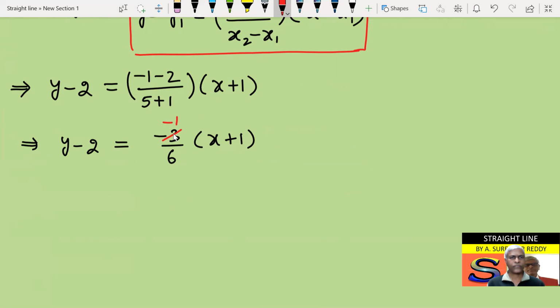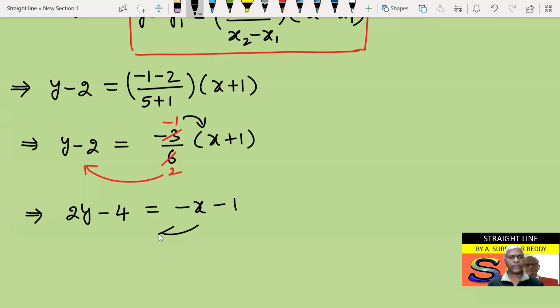3 one time is 3, and 3 two times is 6. And 2 into the left side and 1 into the right side. So 2 into y, 2y; 2 into 2, 4; minus 1 into x, minus 1 into 1.